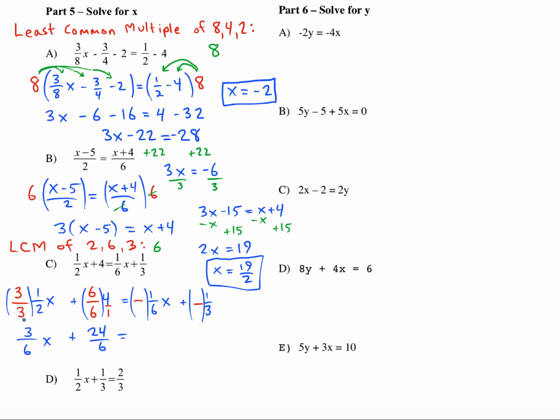So you pick the fraction, and our goal is to make all our denominators 6s. So for this one here, I would just multiply by 1 over 1 because the denominator is already a 6. So what times 3 makes 6? 2. So let's multiply by 2 over 2 there.